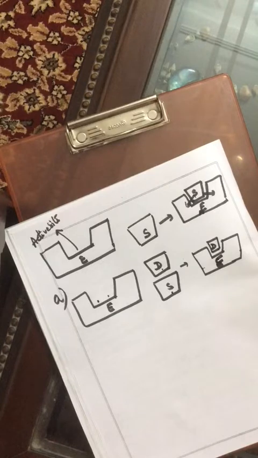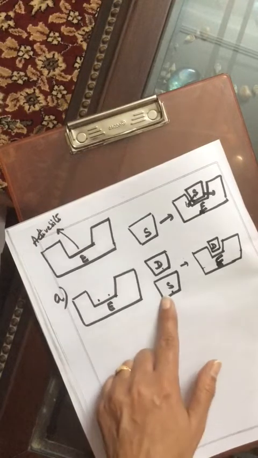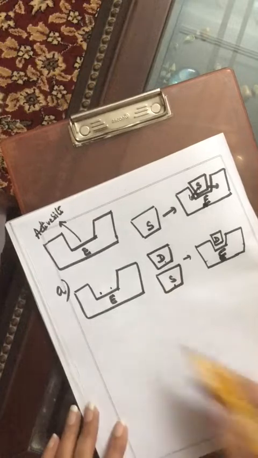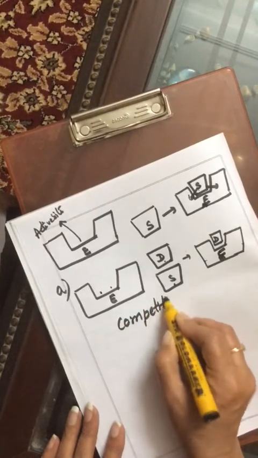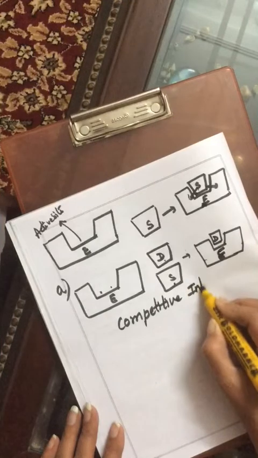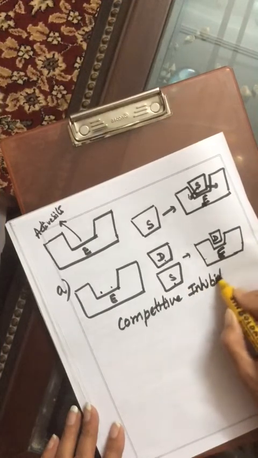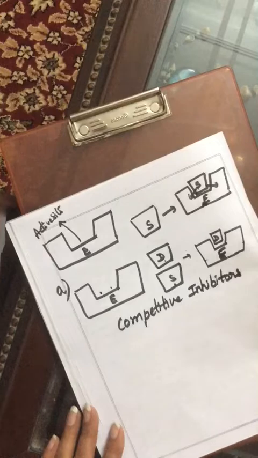Since that reaction is not taking place, that means there will not be any allergy. That means the drug that we have taken is effective. These kinds of drugs that we use, which are competing with the substrate, are called competitive inhibitors.